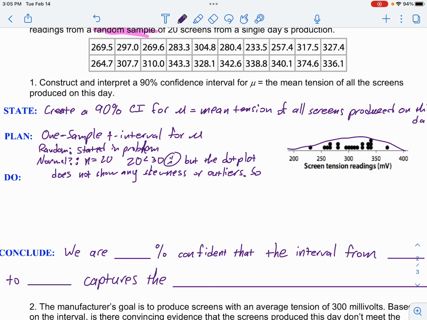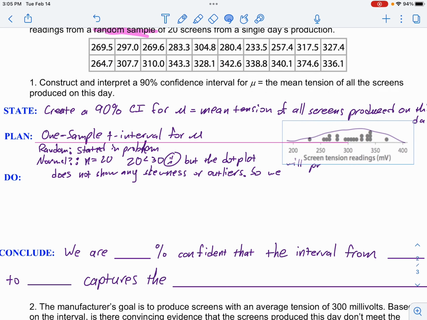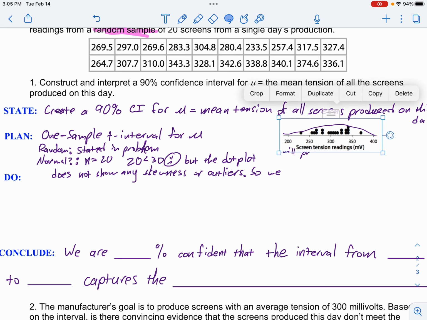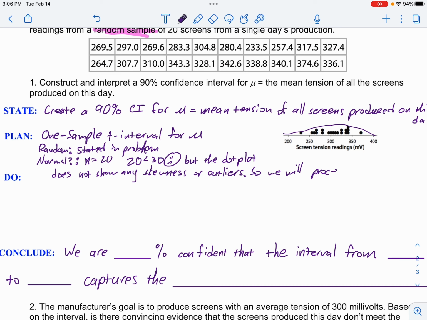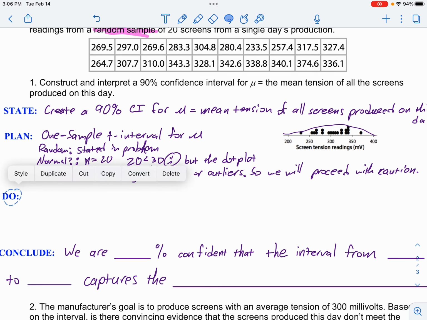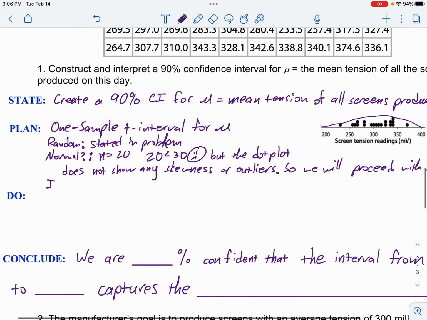So we will proceed with caution. In other words, we're going to move forward. We're going to do our analysis anyway, but we're going to realize it might not be perfectly applicable. So random, normal, and then independent.